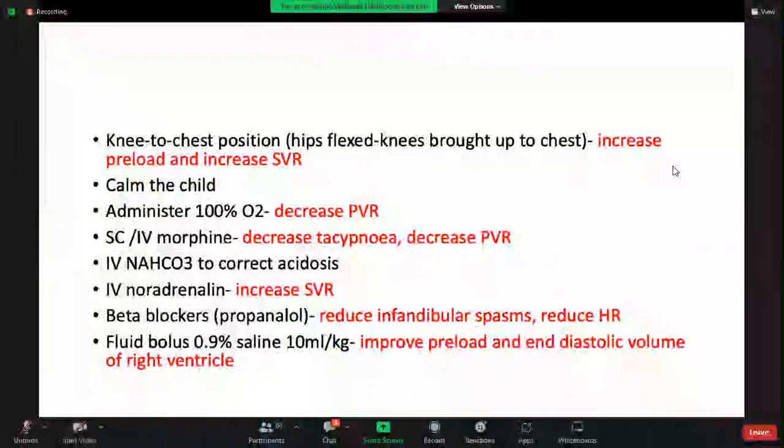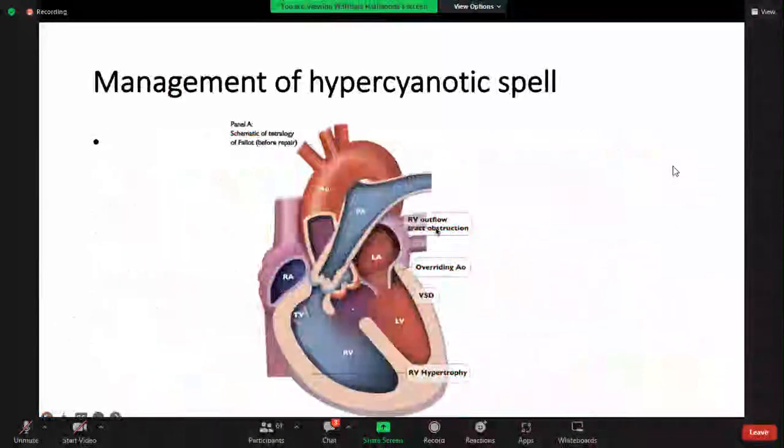That is, we ask them to flex their hips and bring their knees to the chest. By doing that, we are increasing the systemic vascular resistance. By increasing the systemic resistance, we are increasing the left ventricular pressure, which will reduce the shunt.